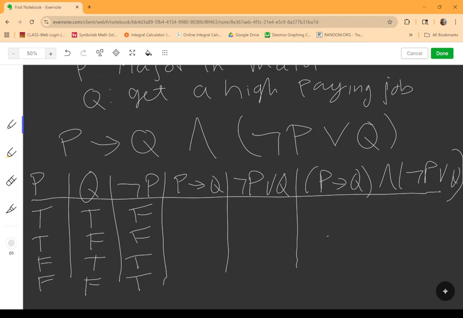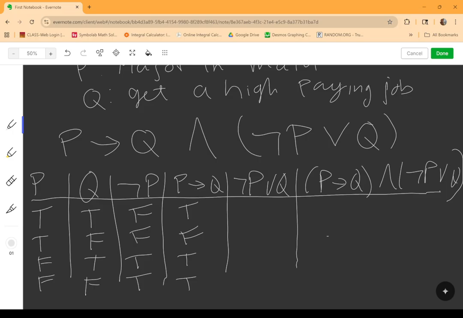Now, in terms of the implication P implies Q, this is going to be true whenever Q is true, or P is false, or both. The only way that this is false is when our premise P is true and the implication's outcome does not follow. So here: true, false, true, true.